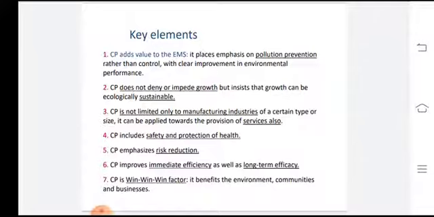We are trying to prevent pollution. We are trying to prevent the existence of pollution. We don't want the pollution to be created. We don't want pollution to be generated. So this is the concept: we need to reduce the production of pollution. This is pollution prevention, while pollution control can only be conducted once the pollution has been produced.